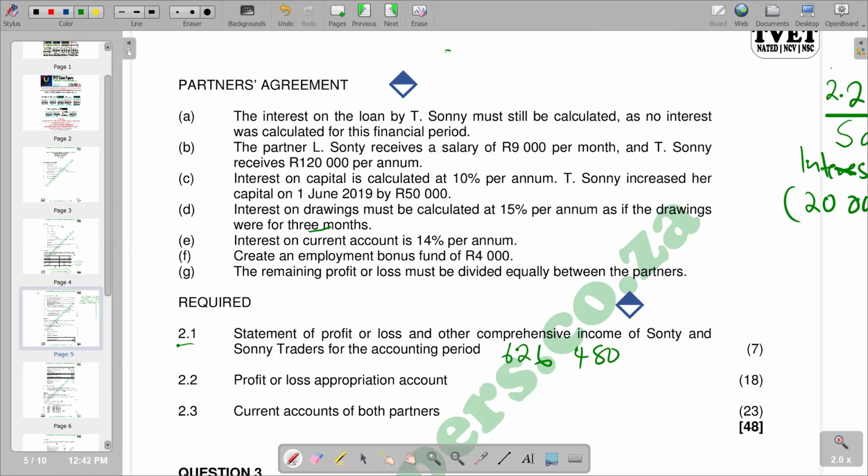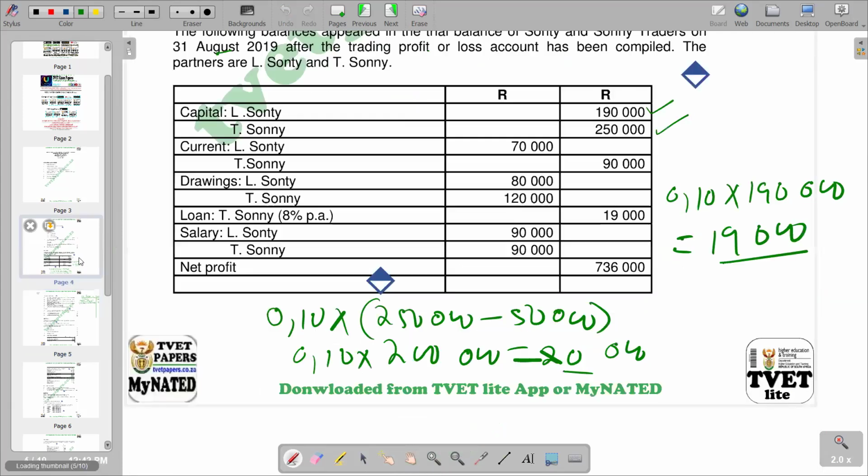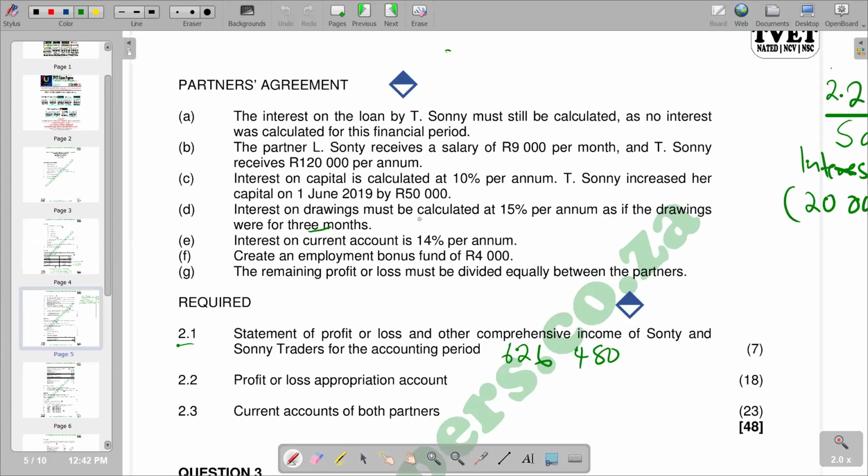So we check the total amount that we have for drawings for the first partner. We are seeing that the drawings that we have are 80,000 for Sonti. So we can calculate it as such, whereby we are saying 15% is 15 over 100 or 0.15 as a decimal, times 80,000.